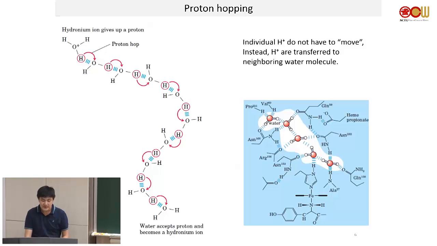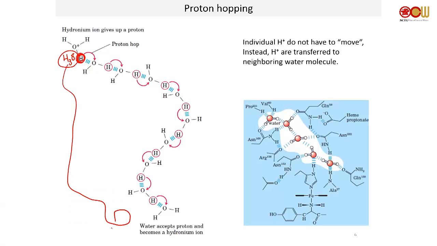Okay? There's one extra. This slide, I didn't know where to put it, so I'm just going to put it here. So it turns out a lot of times when we talk about a proton in the water, right? Turns out the proton itself does not really move a lot. What happens is here you have H3O plus, right? The proton on the water can hop between waters. Okay, so the H3O does not have to physically move.